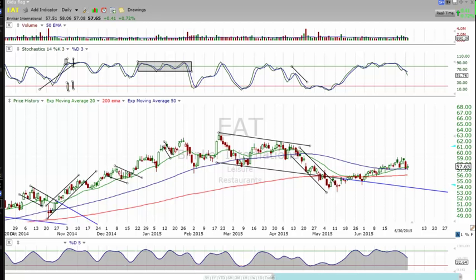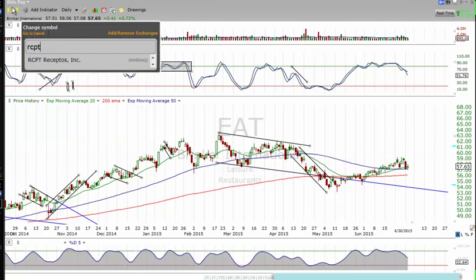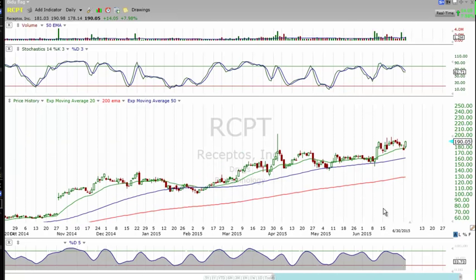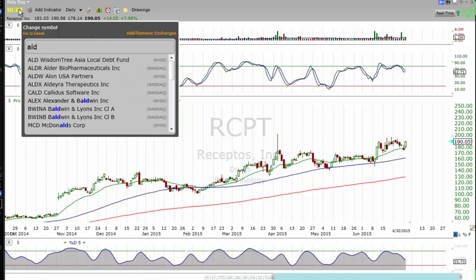Let's take a look at those 3. We've got a couple people in the room hanging out. George from Alabama mentioned a few med stocks that might get bought out. RCPT, Receptos, that looks very strong. I mean, look at this. RCPT, I absolutely love it. ALDR.